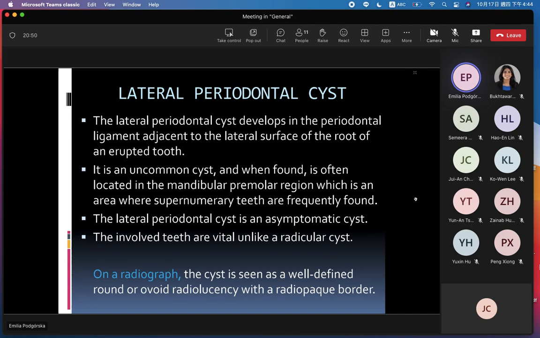The lateral periodontal cyst is an asymptomatic cyst. Involved teeth are vital, unlike in a radicular cyst. On a radiograph, the cyst is seen as a well-defined round or ovoid radiolucency with a radiopaque border.